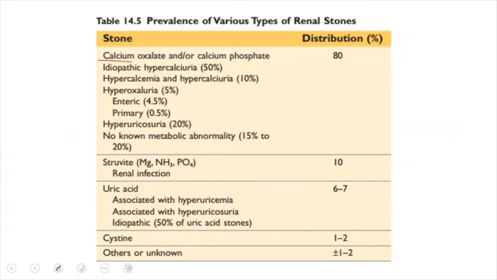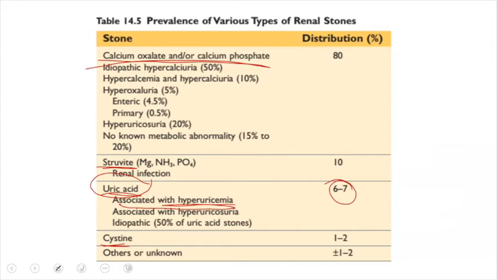So we have already discussed the calcium oxalate stone. We also discussed struvite stone. So now we have two more to be discussed, and that is our uric acid stone and our cystine stone, right? And the third most common stone is our uric acid stone, and it is usually associated with hyperuricemia. And this hyperuricemia may or may not be associated with increased level of uric acid in the blood.